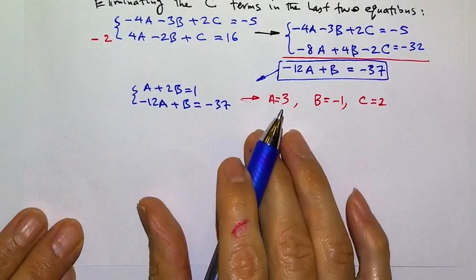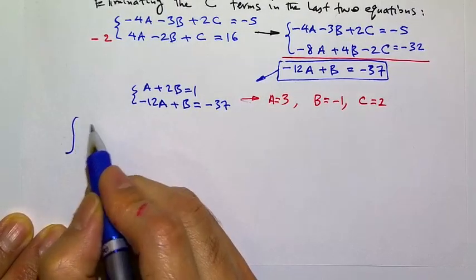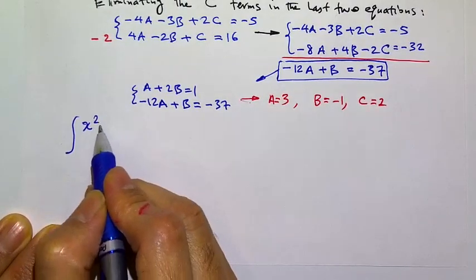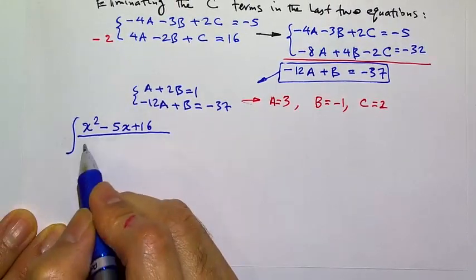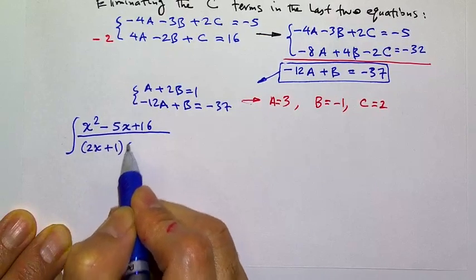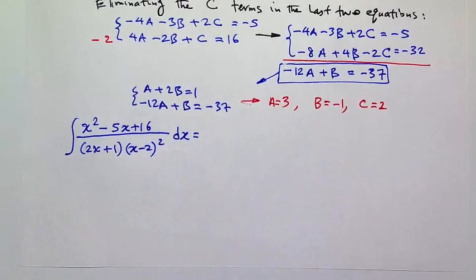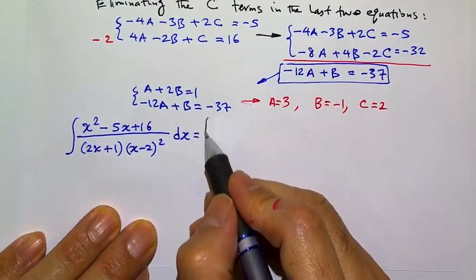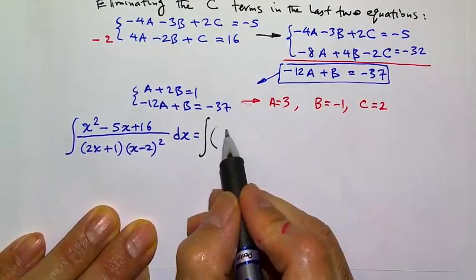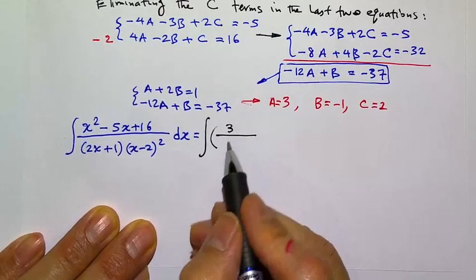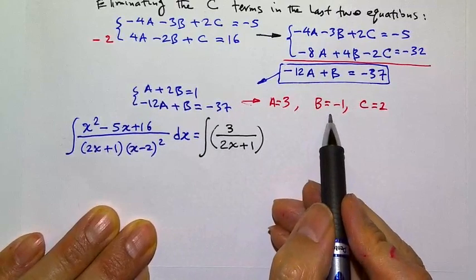So we have the original integral. I'm just going to rewrite it in this corner as x squared minus 5x plus 16 dx is equal to, then we have, so a was 3, so 3 divided by 2x plus 1. b is minus that 1 over x minus 2.